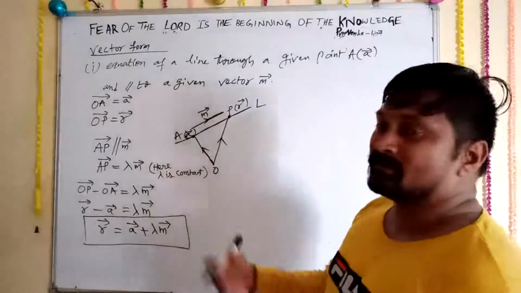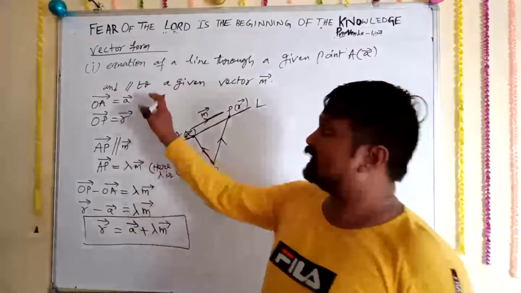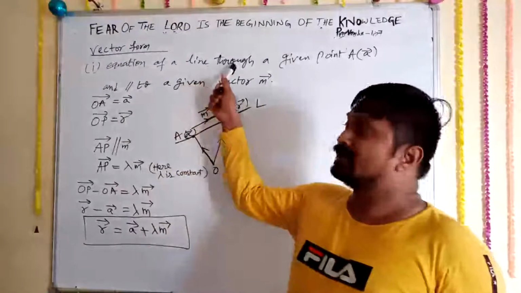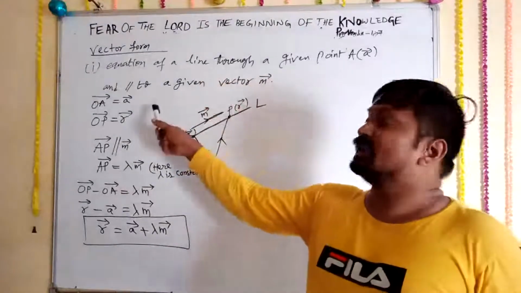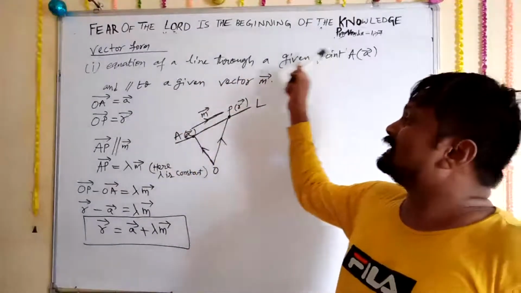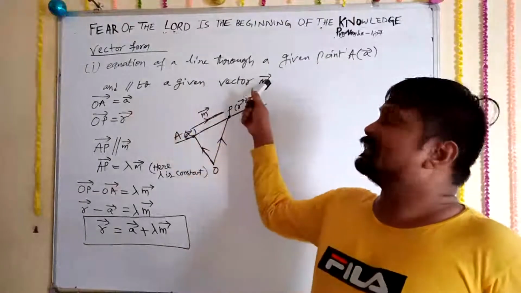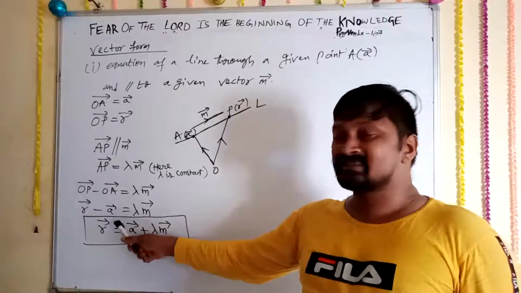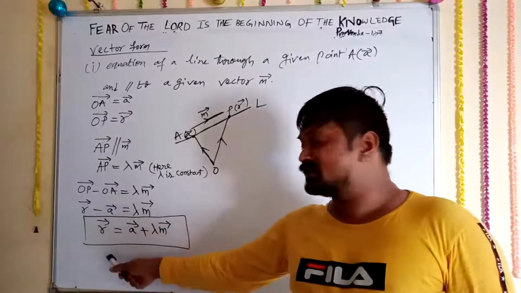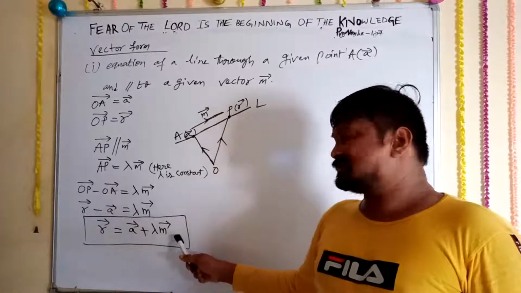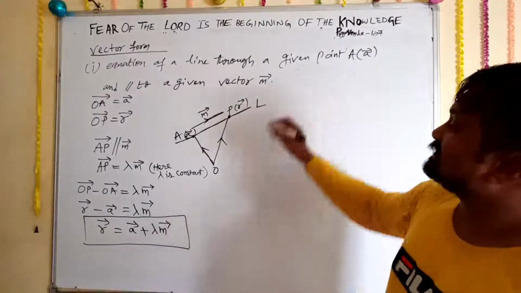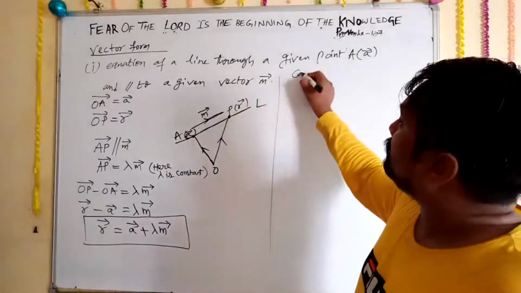So at last, the equation of a line passing through a given point A and parallel to the given vector m is r vector equal to a vector plus lambda m vector. Now we are going to discuss the Cartesian form.